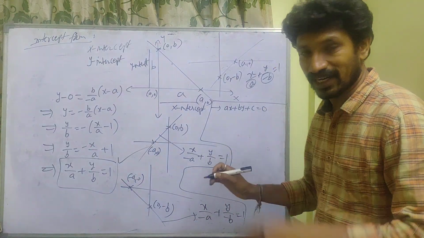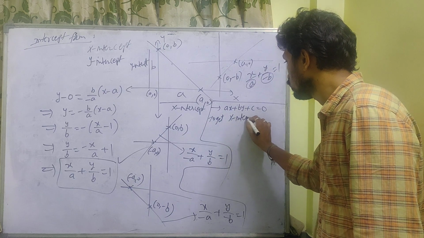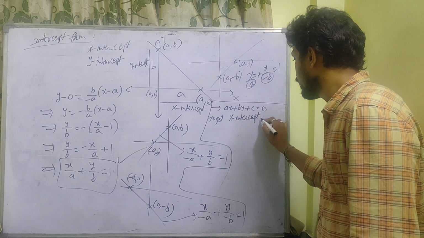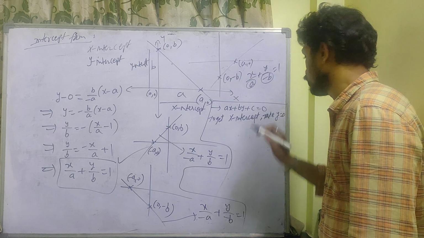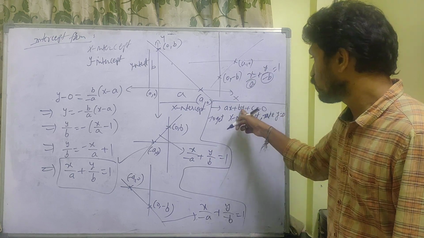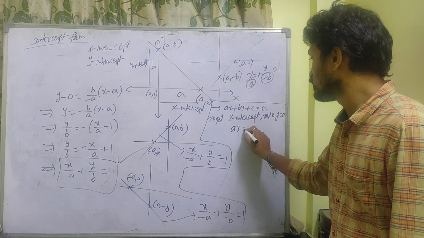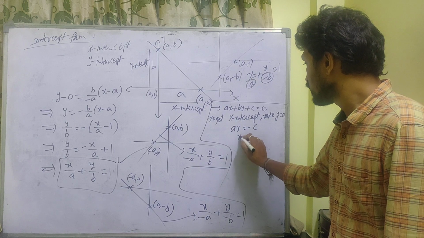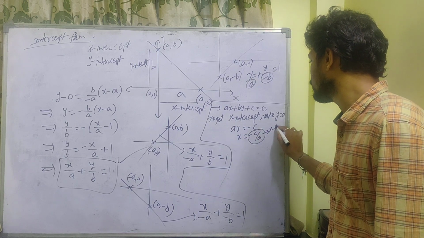So to get the x-intercept, in this equation take y is equal to 0. So b into 0 is 0, plus c. So ax is equal to minus c, so x is equal to minus c by a. This minus c by a is called the x-intercept.